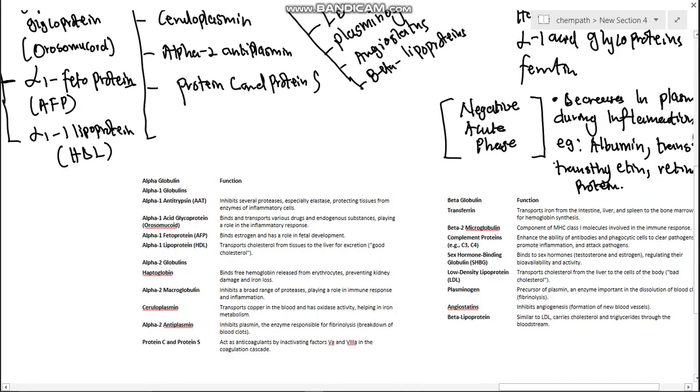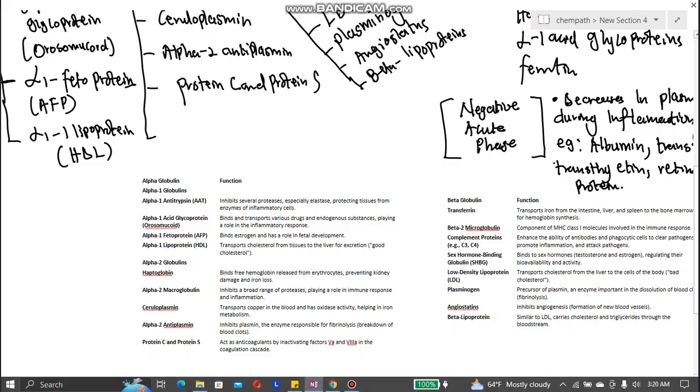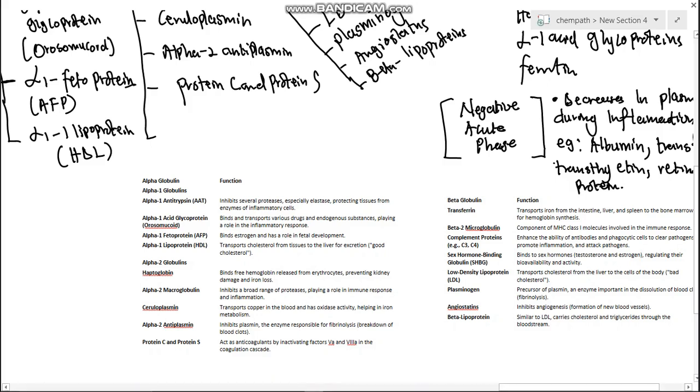Then we have alpha 1 fetoprotein. It binds to estrogen and has a role in fetal development. Alpha 1 fetoprotein is also a tumor marker. When we see an excessive increase in alpha 1 fetoprotein, we can suspect cancers such as liver cancer or germ cell cancer.